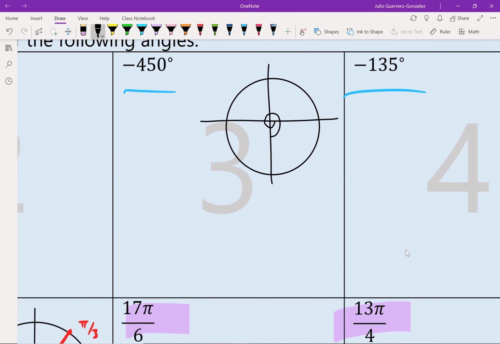So here we go. This angle right here is negative 450 degrees. Okay. And it turns out that our reference angle here is that angle right there, which just so happens to be here. So we know that this is our angle right here, 90 degrees. So here, the reference angle is 90 degrees.